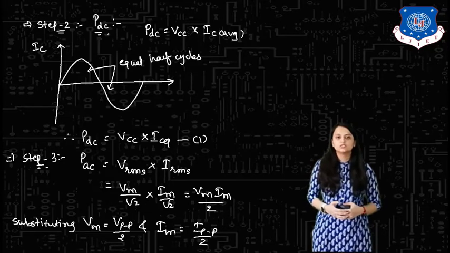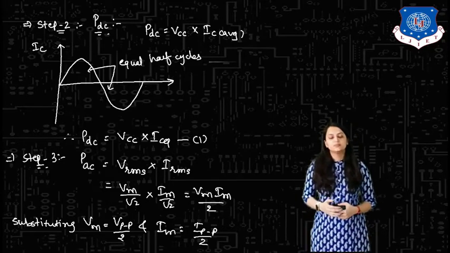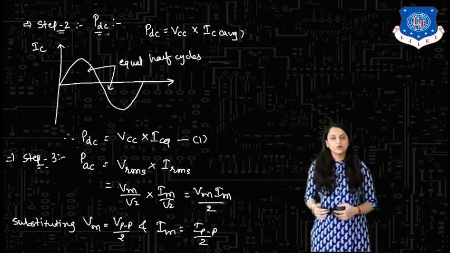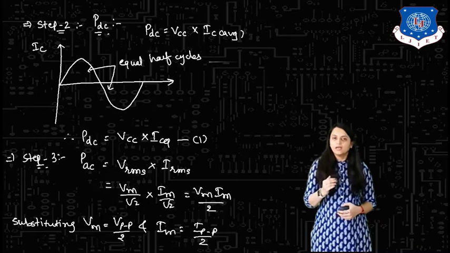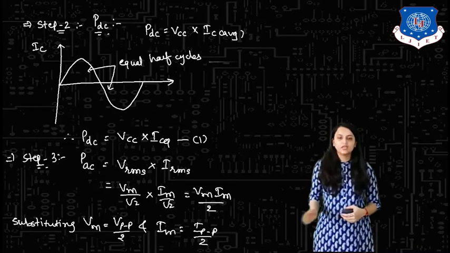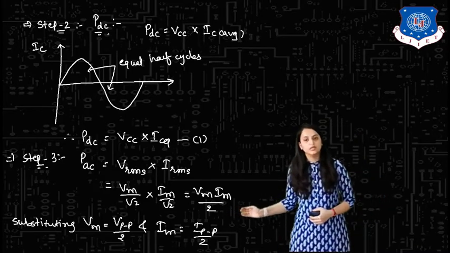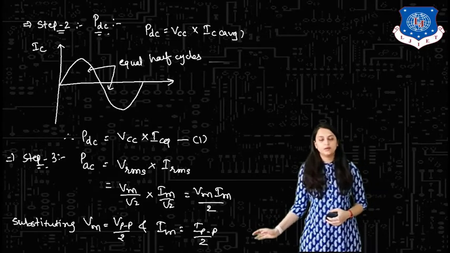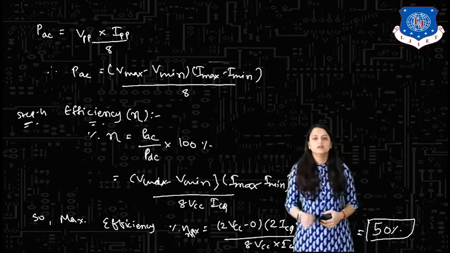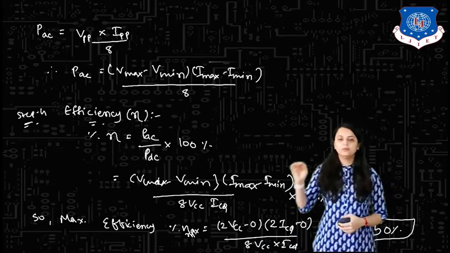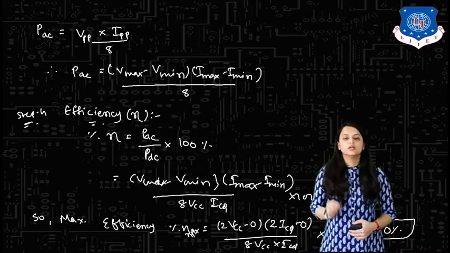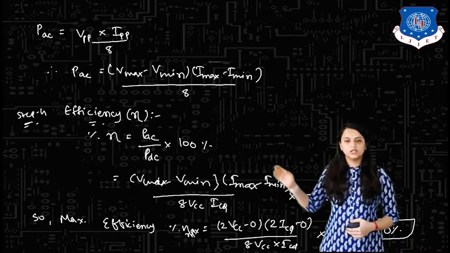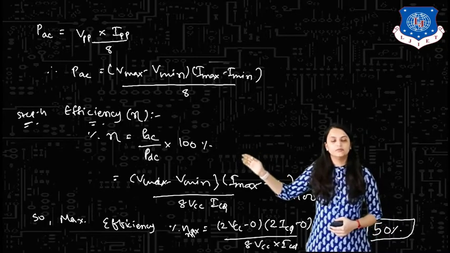Step 3 is to obtain the AC power. AC power equals VRMS into IRMS, where the RMS voltage is Vm by root 2 and the RMS current is Im by root 2, giving Vm Im by 2. Substituting the maximum values, V peak to peak by 2 and I peak to peak by 2, we get PAC equals VPP into IPP by 8. Taking the ratio of PAC to DC, multiplied by 100, we get the efficiency.